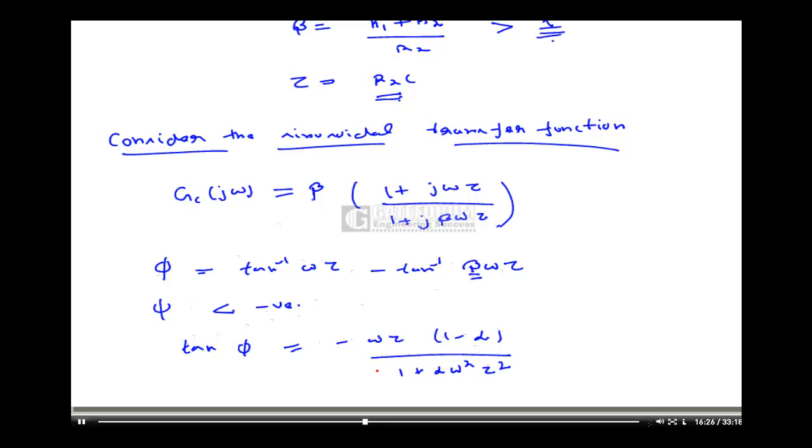And phi is this. Now to find the maximum value of phi, we have to differentiate this function of phi with respect to omega. On differentiating, finding d phi by d omega and substituting it to 0, I will get frequency 1 by tau root beta, which is nothing but the geometric mean of pole and 0.